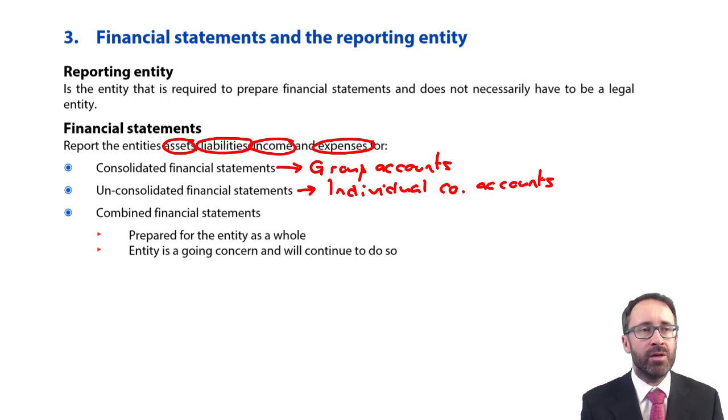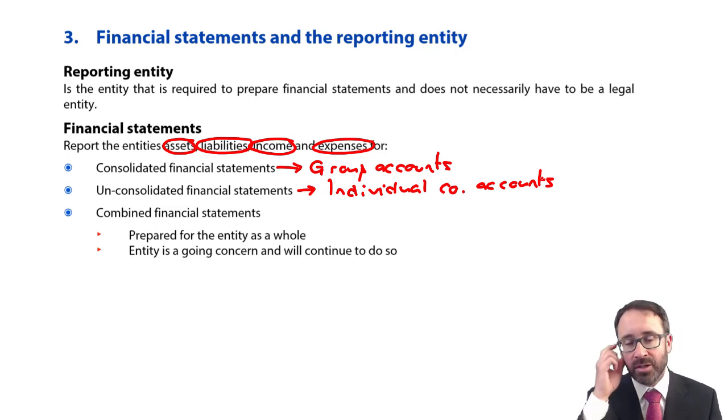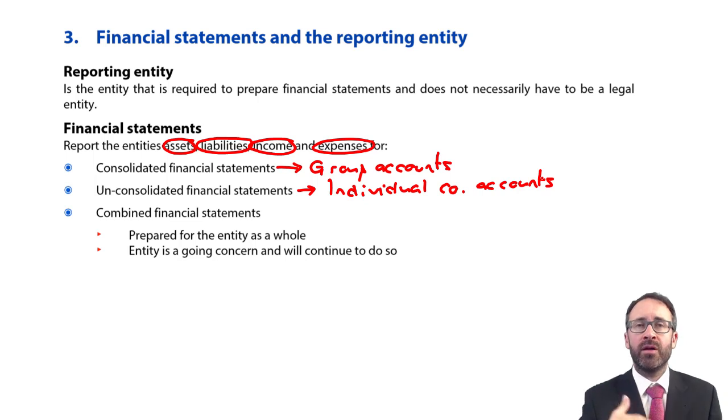So it's saying here that even though the group accounts need to be prepared, it's also useful to have the unconsolidated financial statements, particularly if we're looking at the reporting entity being the parent. The parent is going to prepare the parent's group account, but it will also give useful information to help the decision-making process if we show the individual account of the parent.